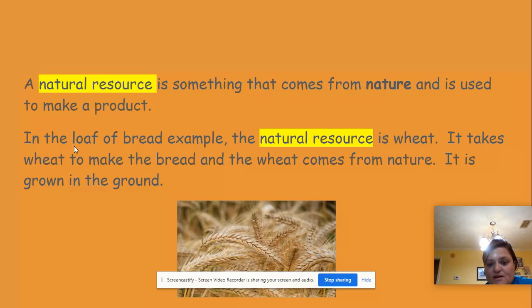In the loaf of bread example, the natural resource is wheat. It takes wheat to make the bread, and the wheat comes from nature. It is grown in the ground. So usually our natural resources are going to be things that are grown in gardens, in fields, things that are planted that we use to make a product.